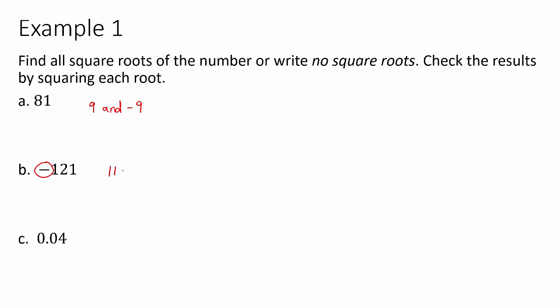On part B, what numbers do I multiply together to get a negative 121? Well, if you think about it, the only thing that actually works is negative 11 times positive 11, and that's not going to work because we need the exact same number to be happening twice. So it turns out that we can't take square roots of negative numbers, or at least we can't take them and get real numbers, which at this point in our math careers is what we're used to working with.